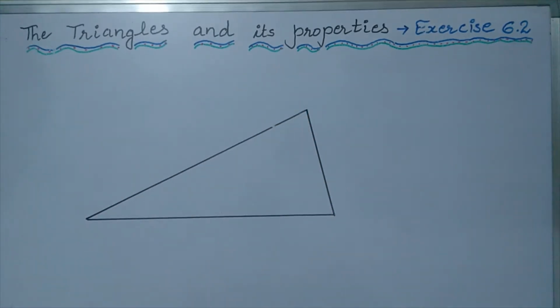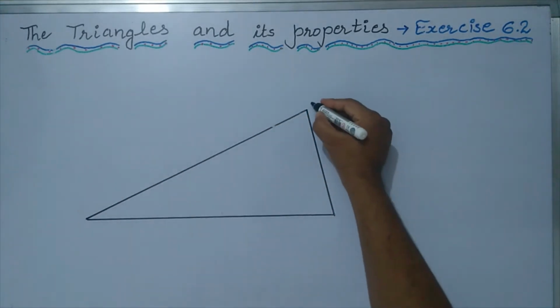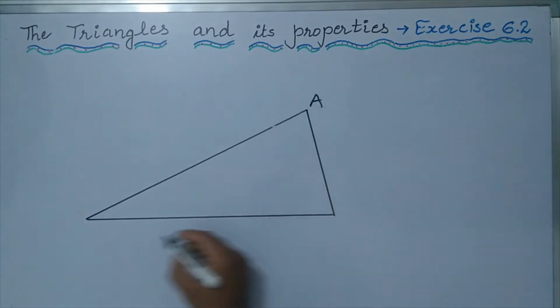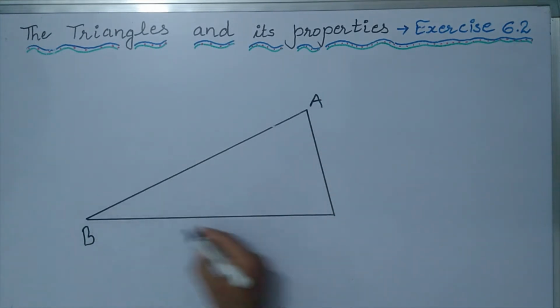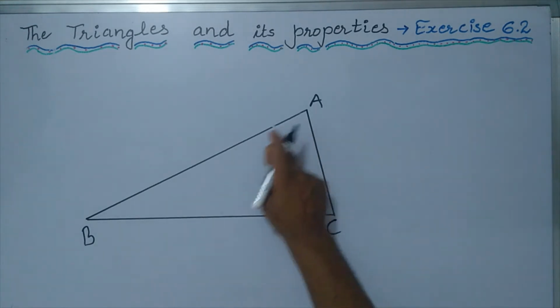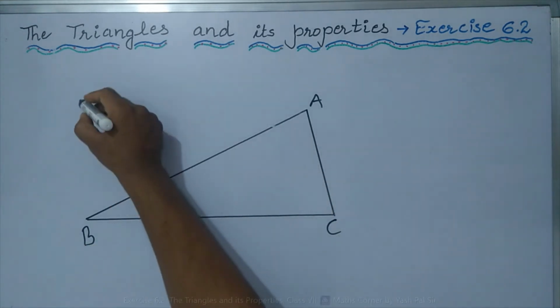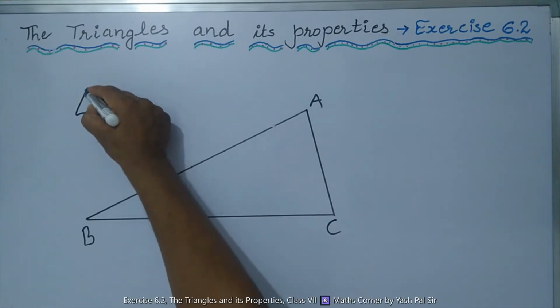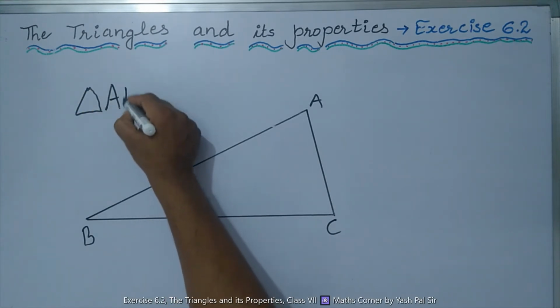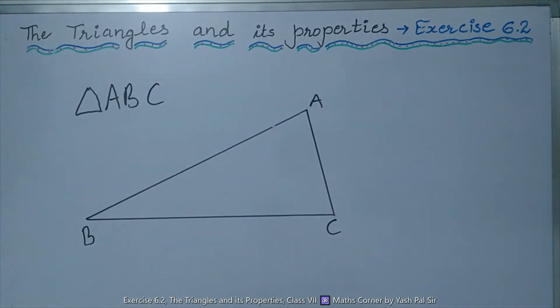So we also have to name the triangle. This is the first vertex A, second vertex B, third vertex C. So the name of this triangle is triangle ABC. We write this as triangle ABC.